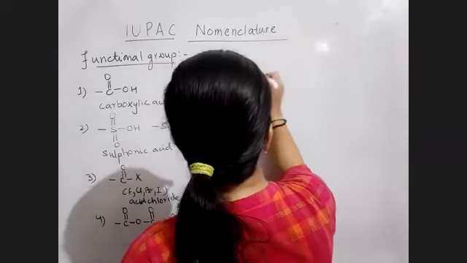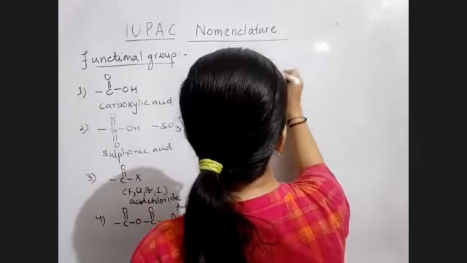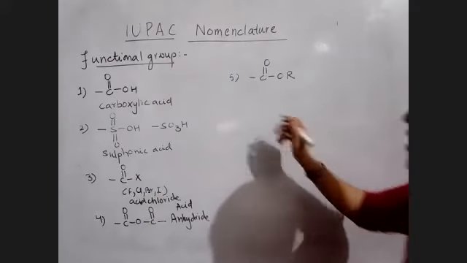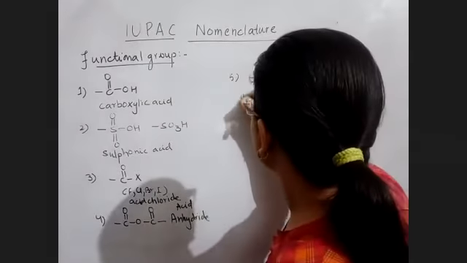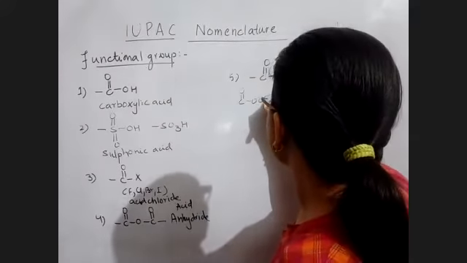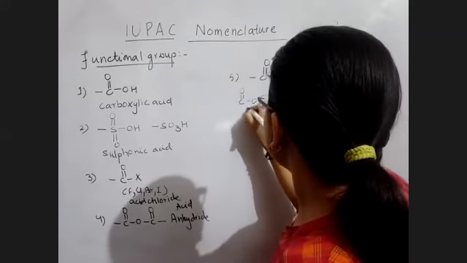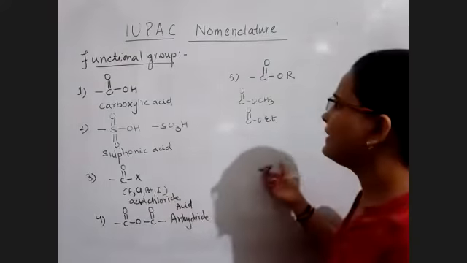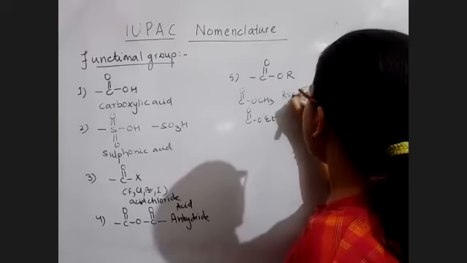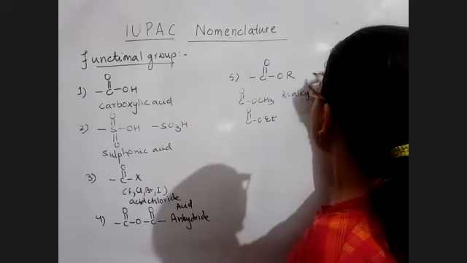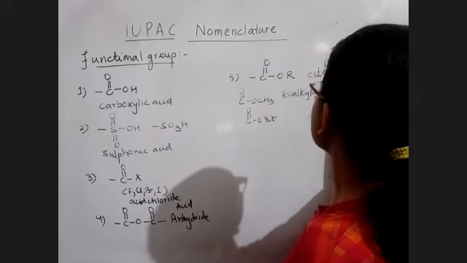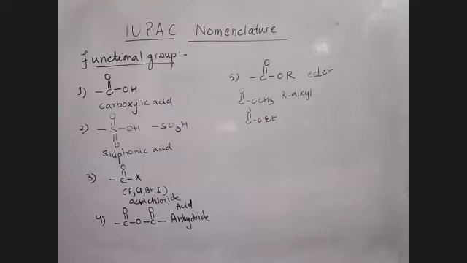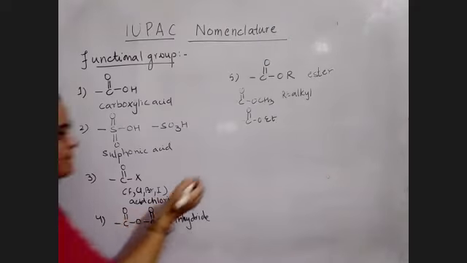Fifth is COOR. This R can be CH3 or C2H5. R can be any alkyl group. Name is ester. C double bond OOR, name is ester.